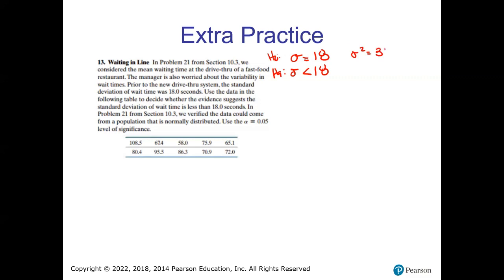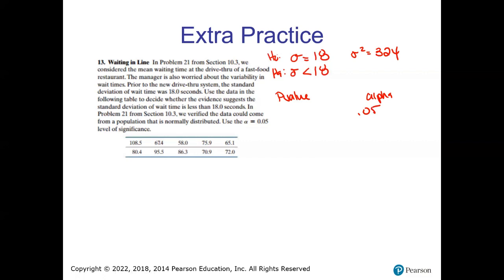Variance is 324. We have data, so we don't have to worry about writing any of our information here. We're just going to type that data into StatCrunch, and we are going to use alpha of 0.05.